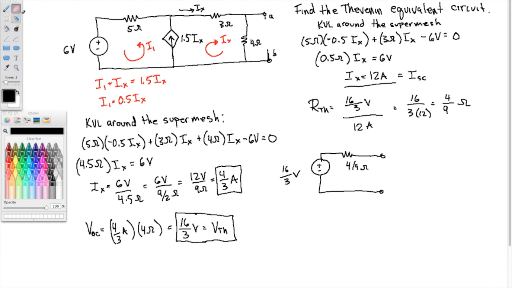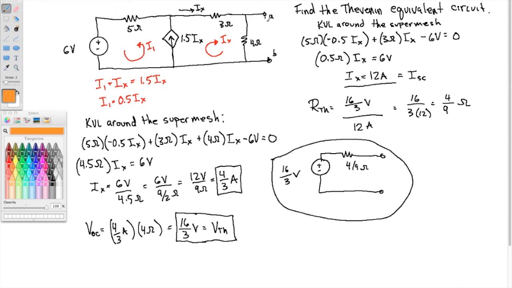For this original circuit, here's its Thevenin equivalent circuit, right here. Now if you're interested in what happens if I connect a resistor here, call it RL, just connect the resistor here instead and analyze this circuit.